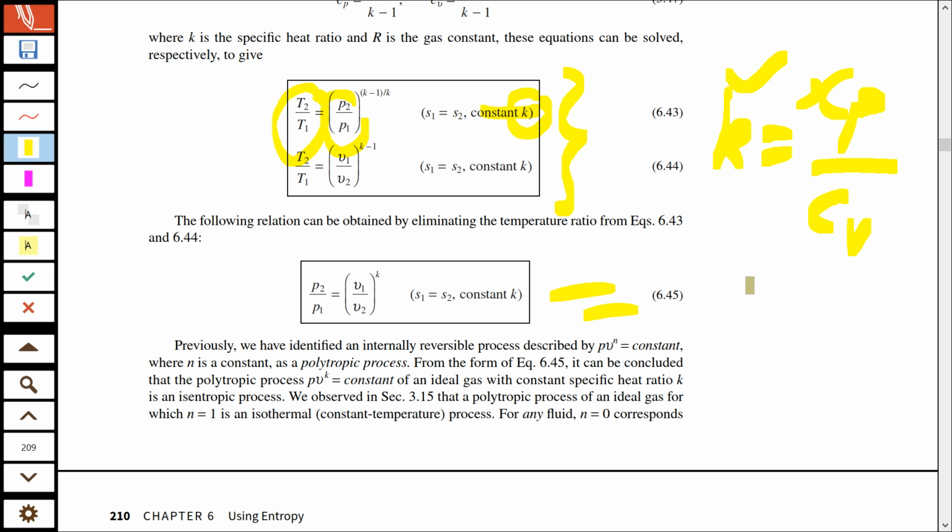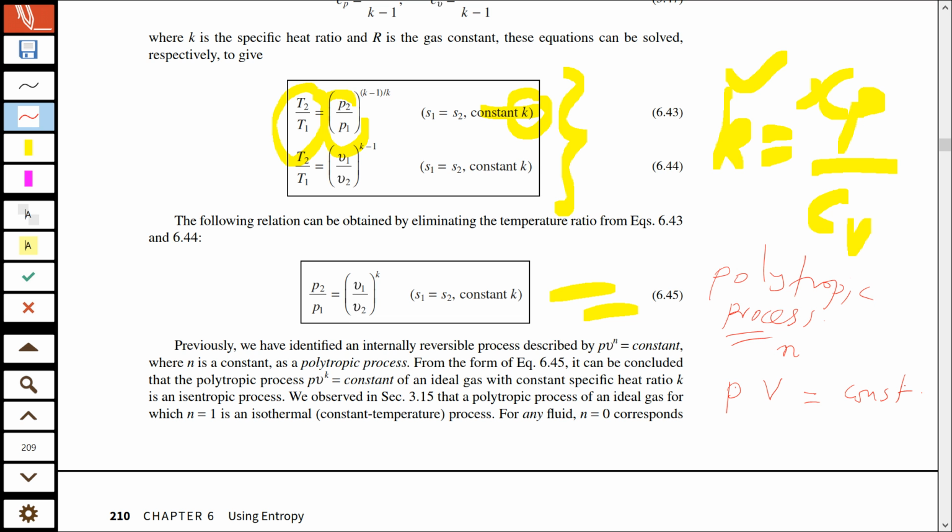And if you look at these results, this establishes something. We have already covered what is called the polytropic process. I think this was in chapter 2, if I remember correctly. Polytropic process was when pressure and specific volume raised to some exponent n is a constant.